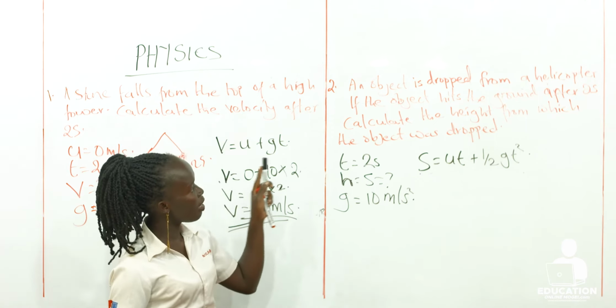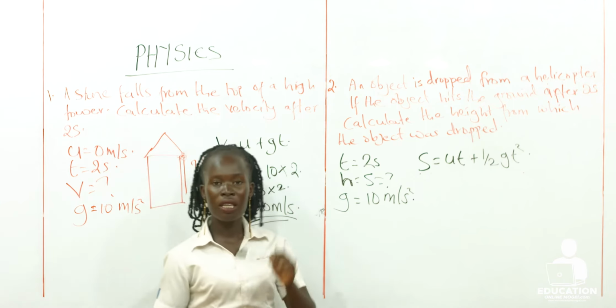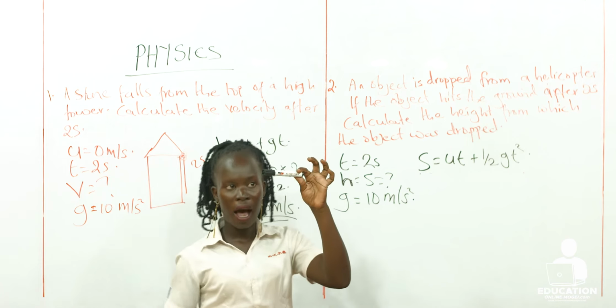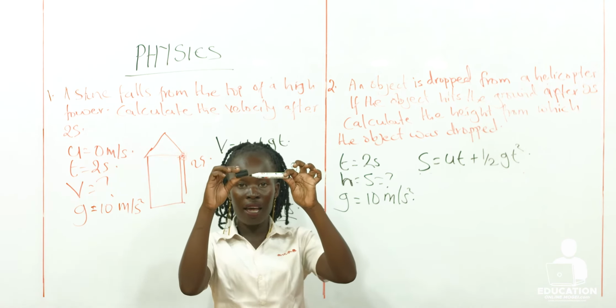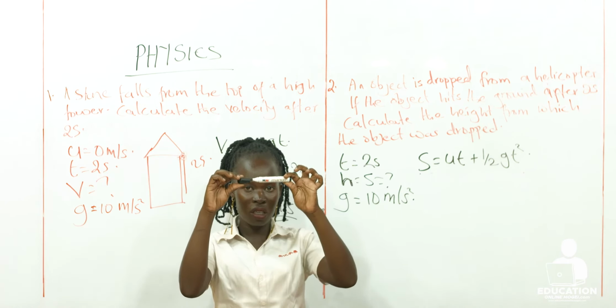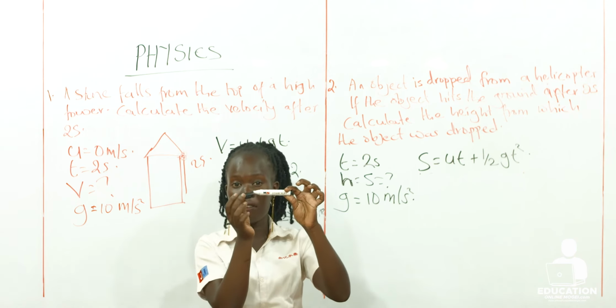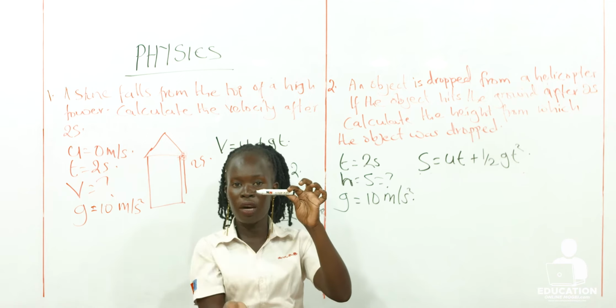Because they are telling us that an object is dropped from a helicopter. Assuming this is my helicopter here, and I want to drop this object from the helicopter. How do I drop it? That means I'm just going to leave it from right here, from where the helicopter is, to just fall down.